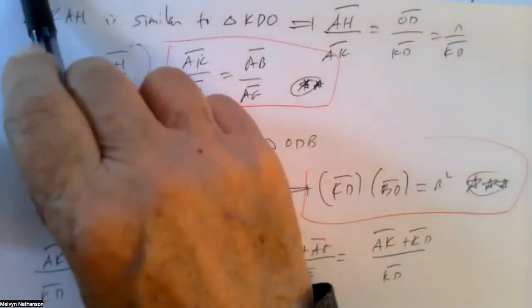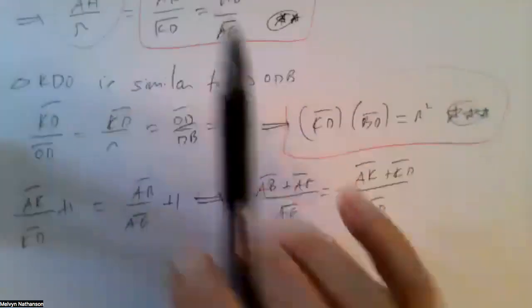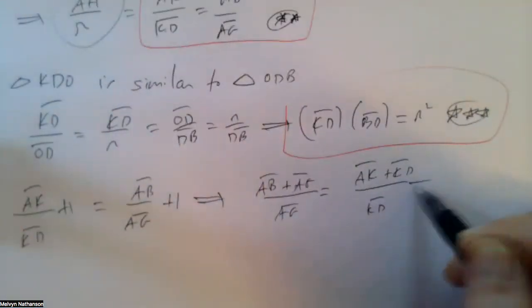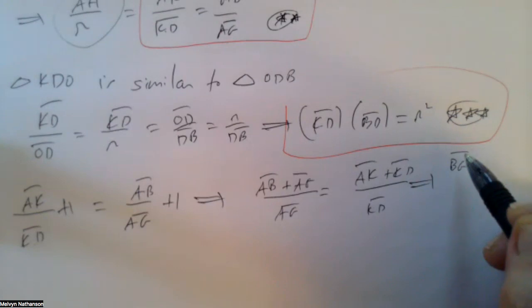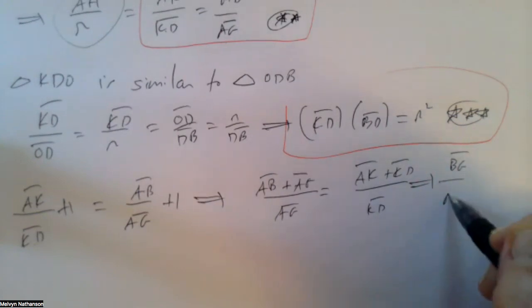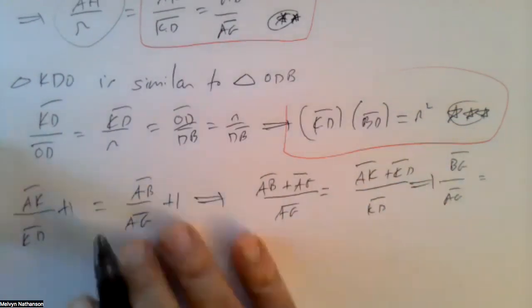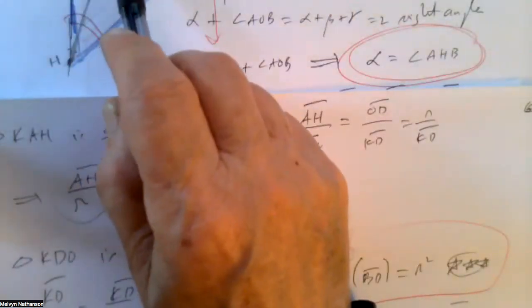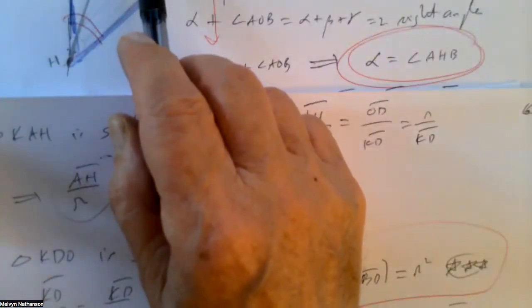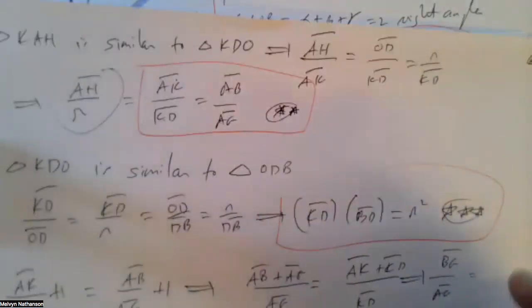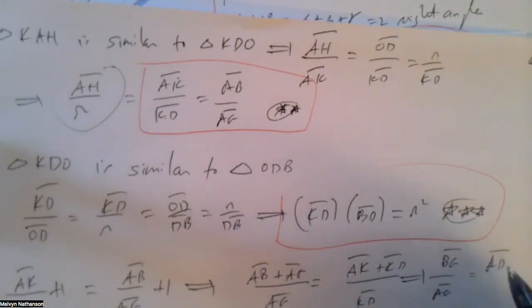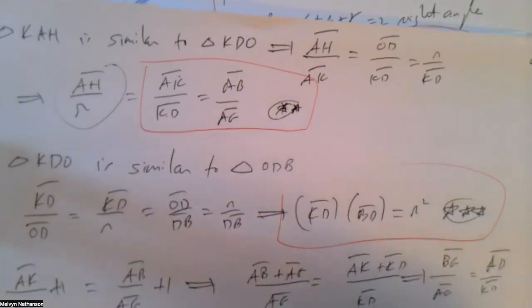AB plus AG is the length from B to G. So this says the ratio of the length BG to AG and AK plus KD is the distance from A to D. This is the distance from A to D over the distance from K to D.